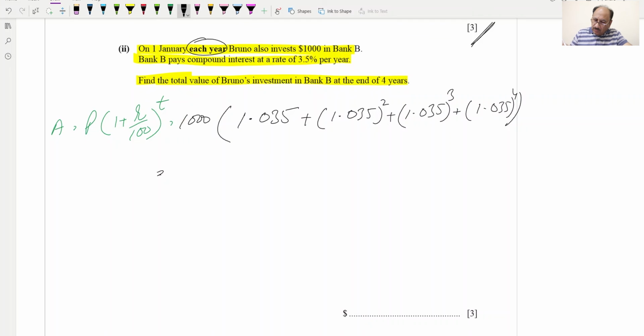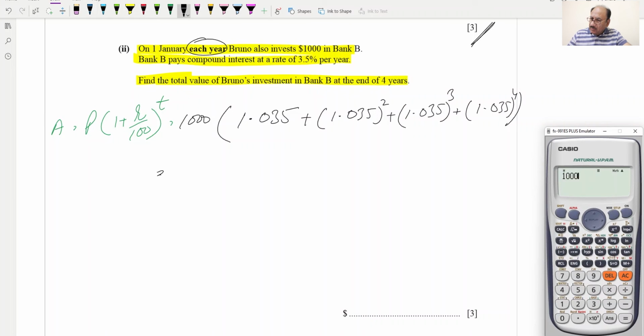So it should be 1000 multiplied by bracket 1.035 plus 1.035 squared plus 1.035 cubed, plus 1.035 raised to the power 4, bracket close.